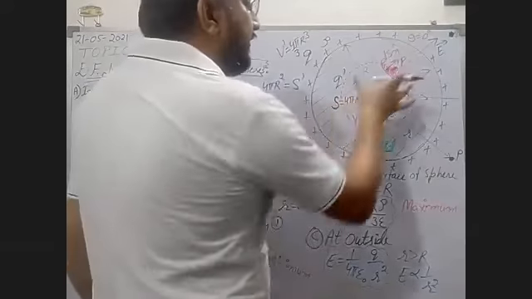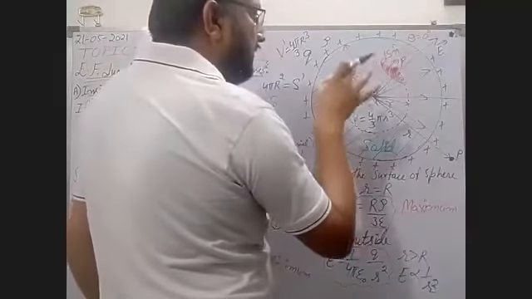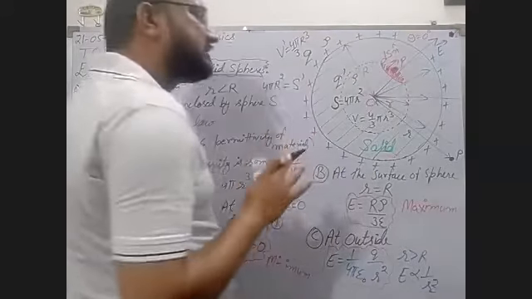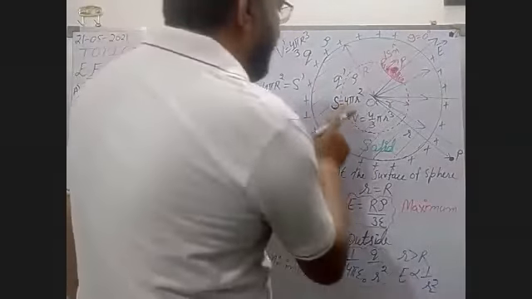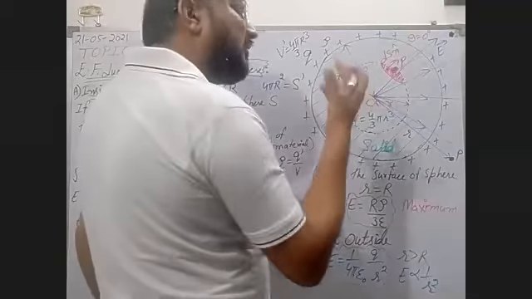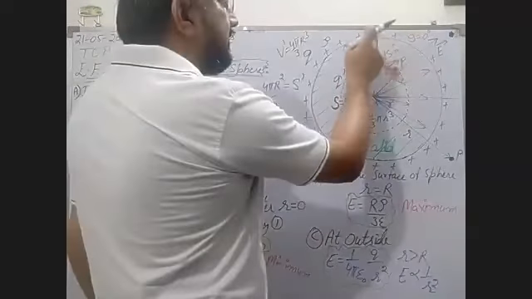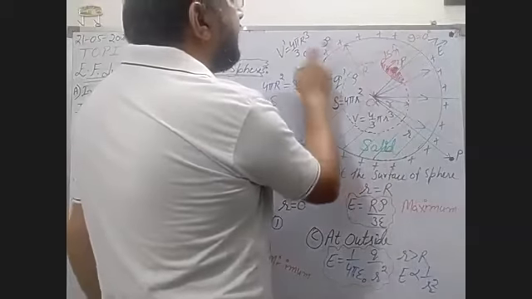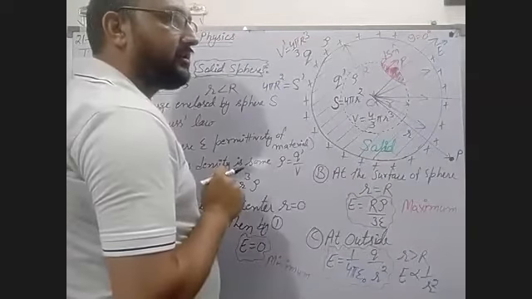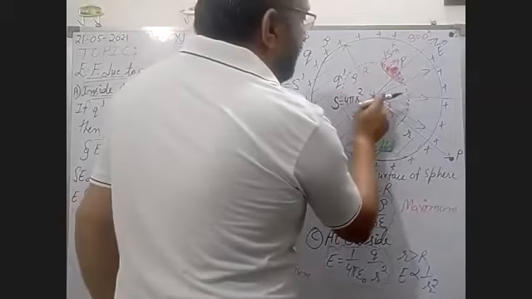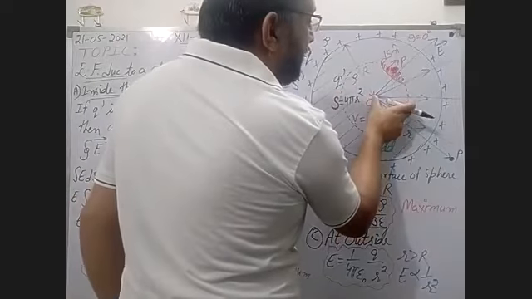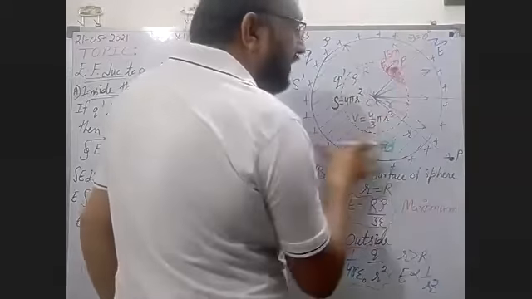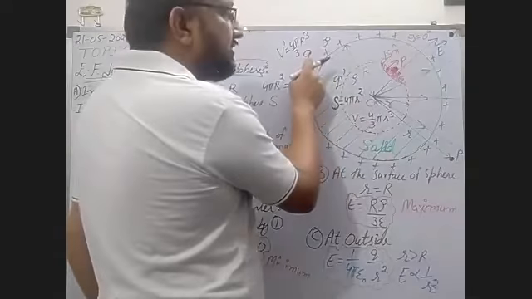But firstly, we are discussing the inside of the sphere. What is the electric field inside the sphere? For this, you have to first take a smaller sphere of some radius, smaller compared to capital R. Now, if small r is the radius of this sphere and you are taking this sphere inside this solid sphere, which is charged, the charge is Q here.